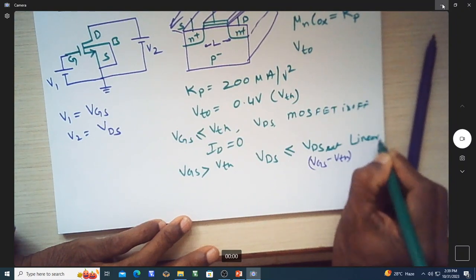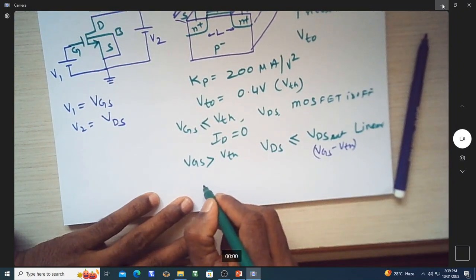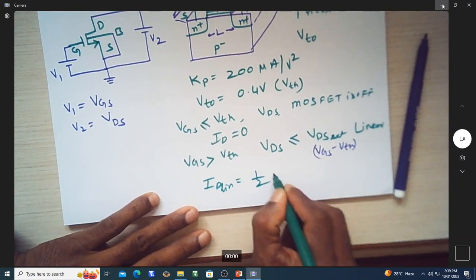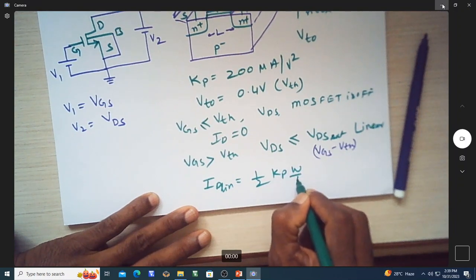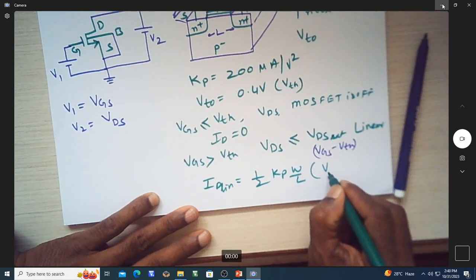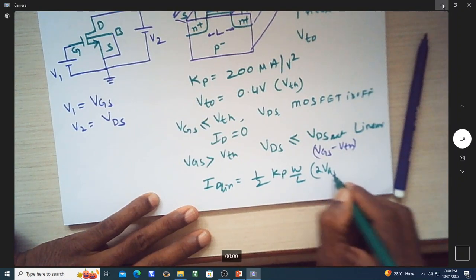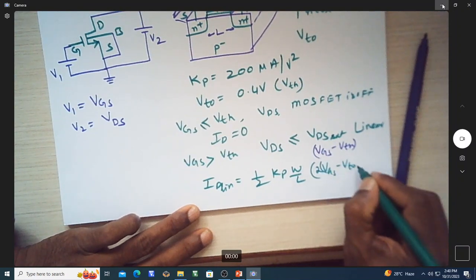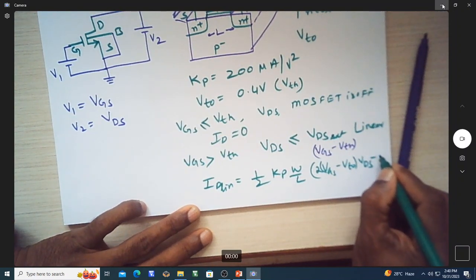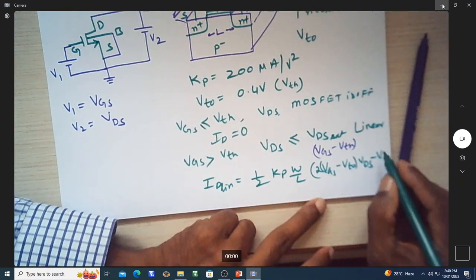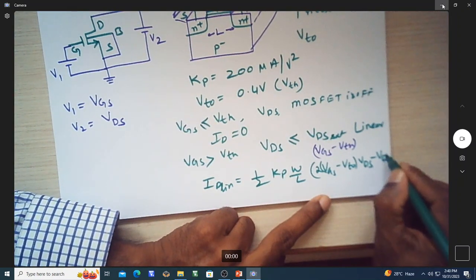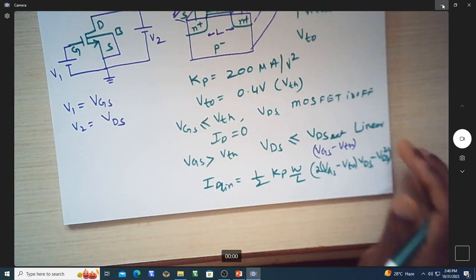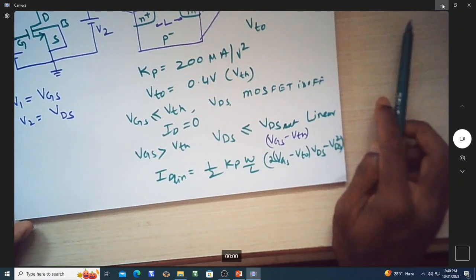For that, the expression would be ID in linear is equal to half Kp W by L times (2 (VGS minus VTO) VDS minus VDS square). Okay, this is the expression for the current.